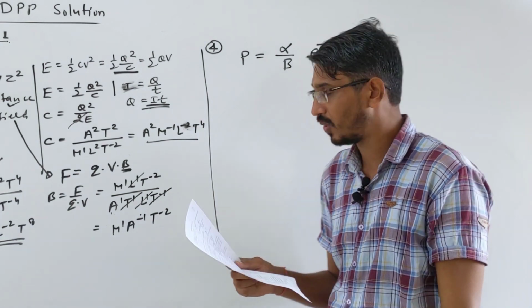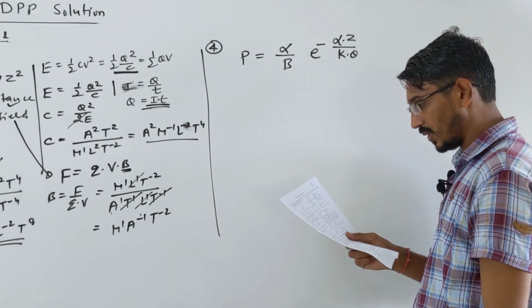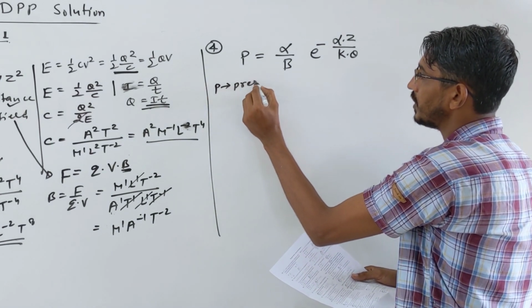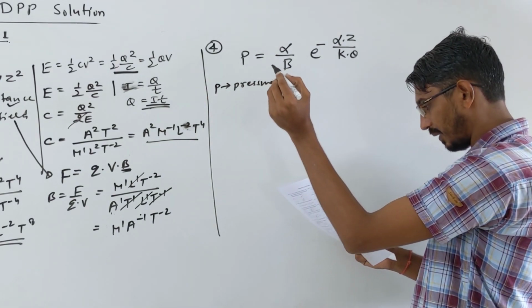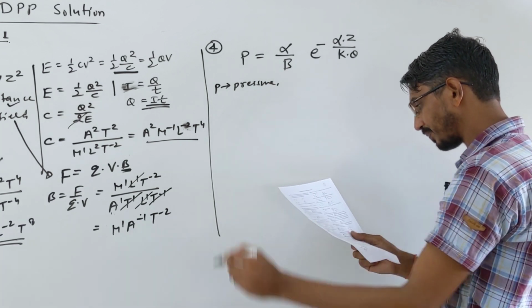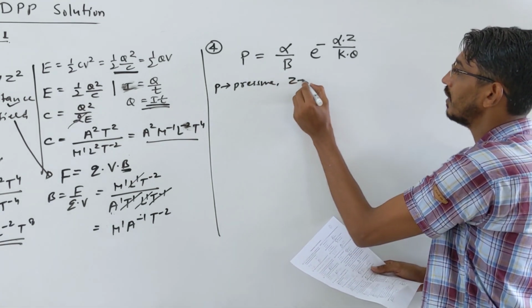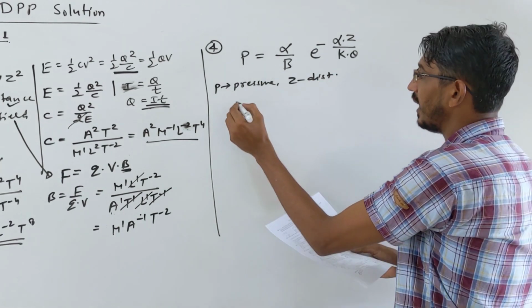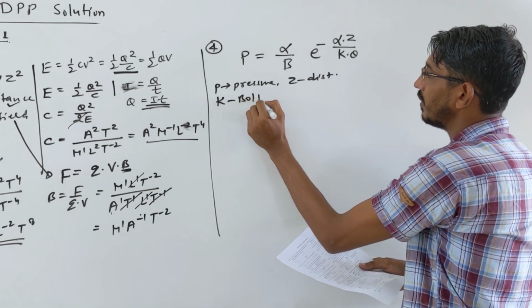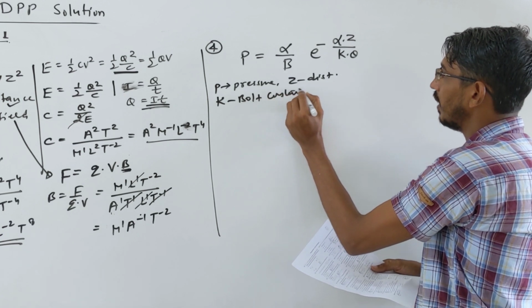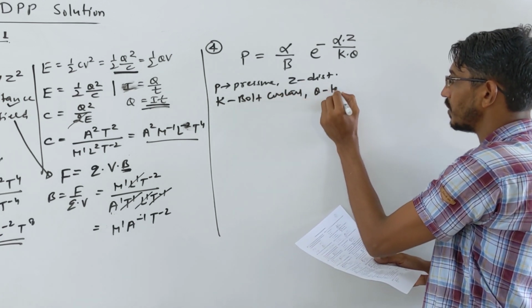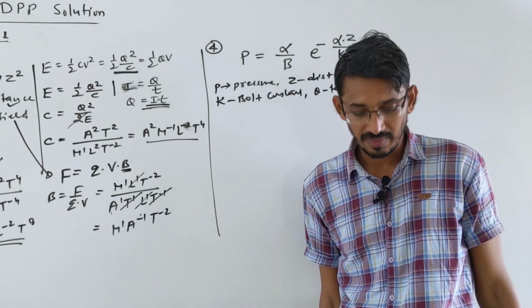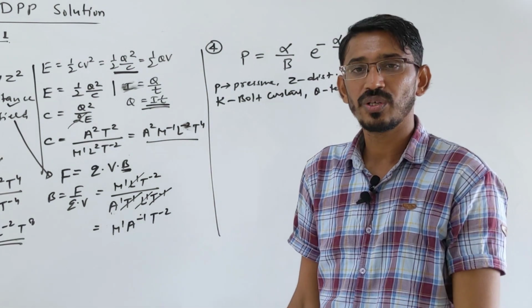They have explained the meaning of all quantities here: P is the pressure, z is the distance, K is the Boltzmann constant, and theta is the temperature. The only thing you don't know is the Boltzmann constant. It comes in thermodynamics, you should not worry.